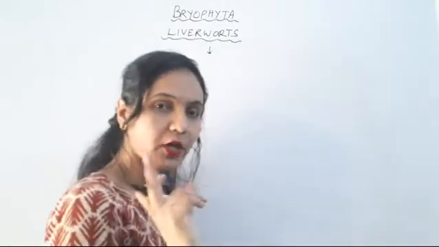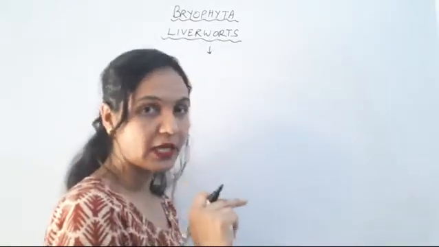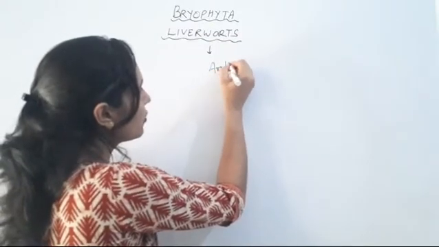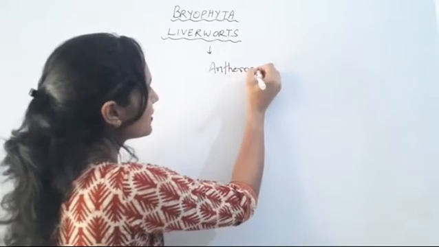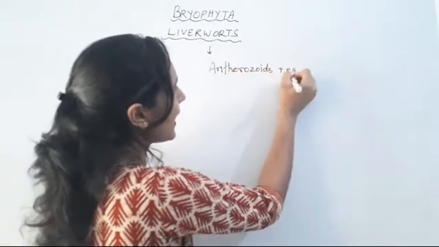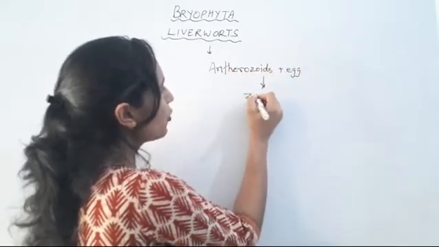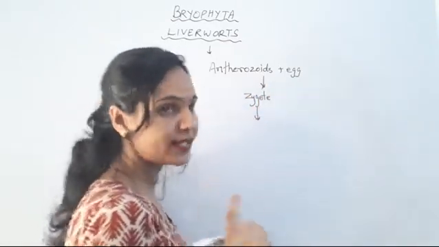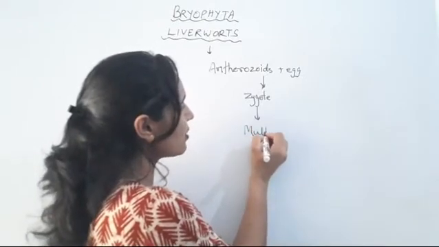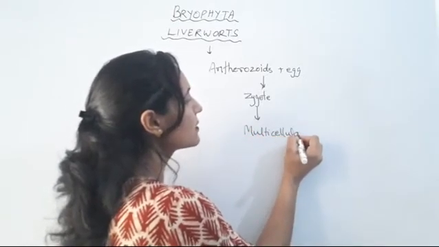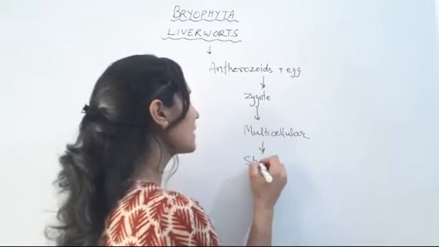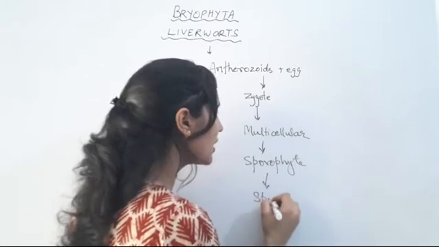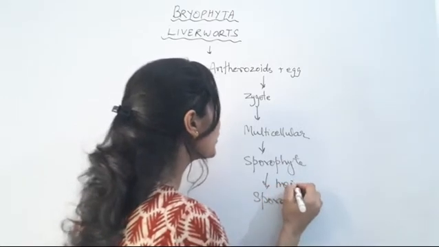We have discussed the reproduction and the life cycle of the bryophyte in the last slide. I told you that the antherozoids fuse with the egg to produce a zygote, and that will not undergo meiosis directly but forms a multicellular structure which is known as sporophyte, and this sporophyte forms spores by the process of meiosis.